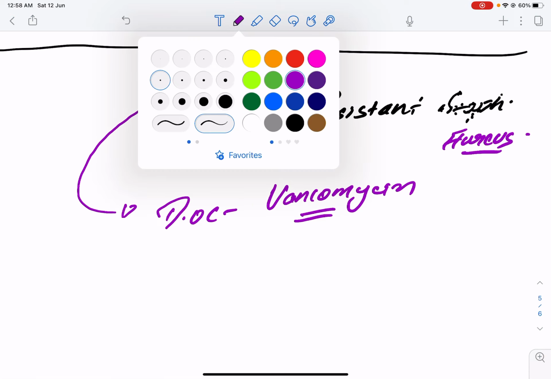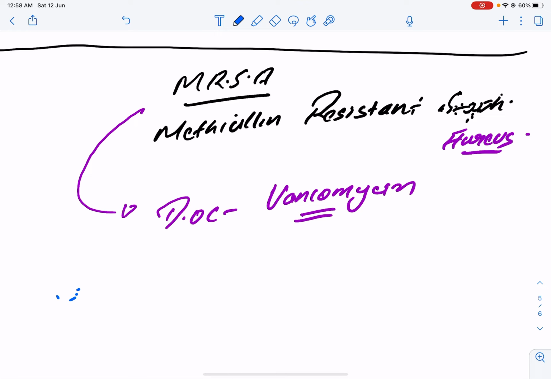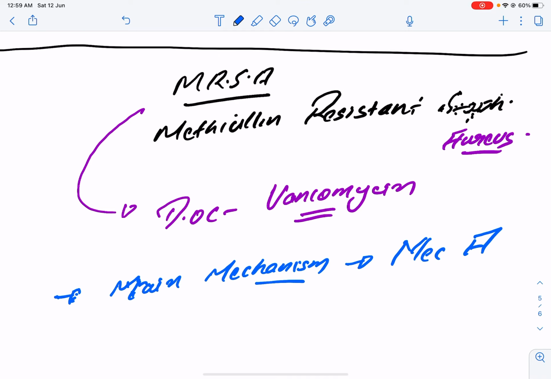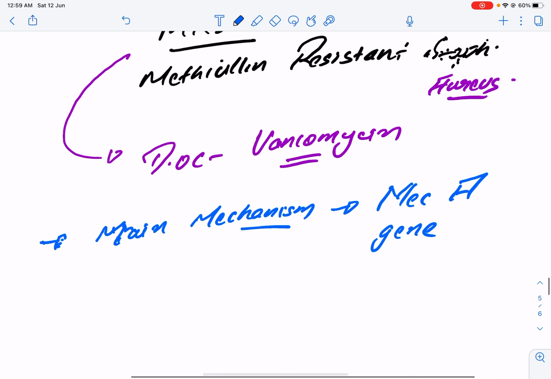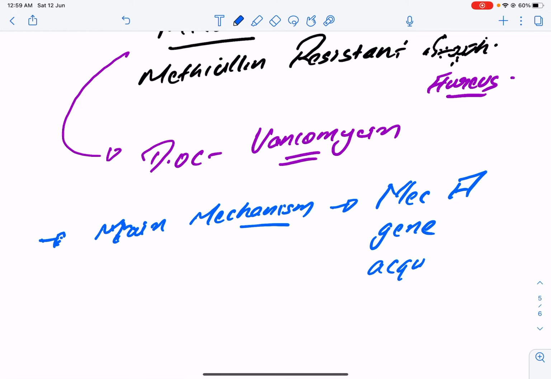Vancomycin can be given. Now they will ask you what is the main mechanism of this resistance? How do they get this resistance? The main mechanism is due to the MEC-A gene acquired, acquired resistance.